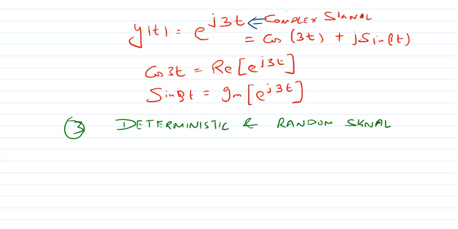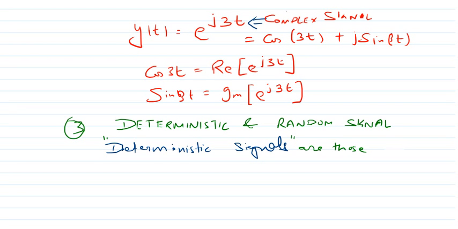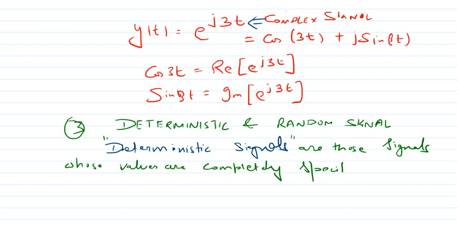Deterministic signals are those signals whose values are completely specified for any given time.